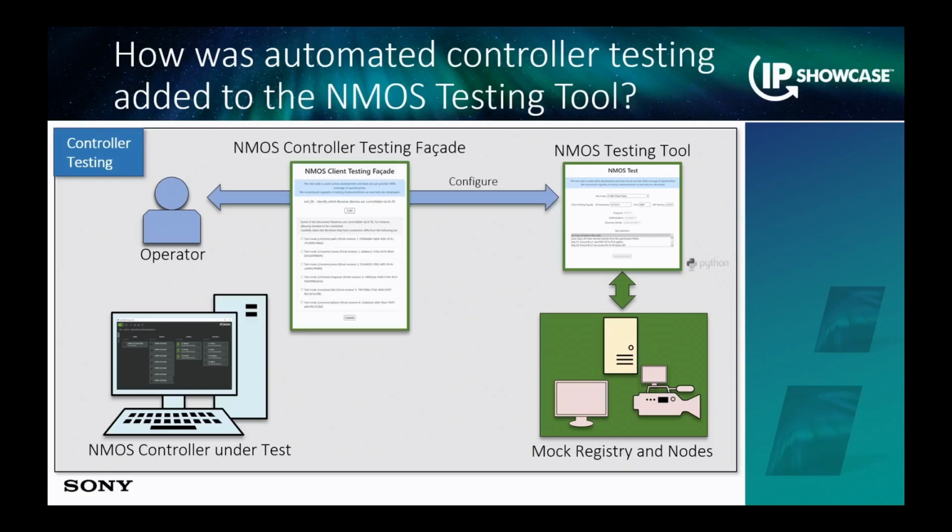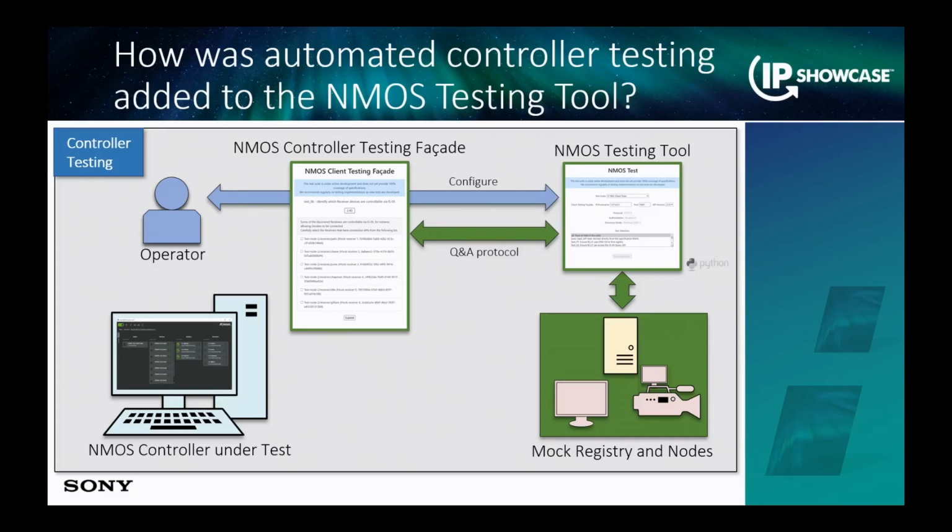But the really new part is that we have this NMOS controller testing facade. This allows the testing tool to send various questions to the facade and get answers from it. The facade is basically instructing the user to carry out various operations on their controller's UI, and then checking that those are carried out correctly.